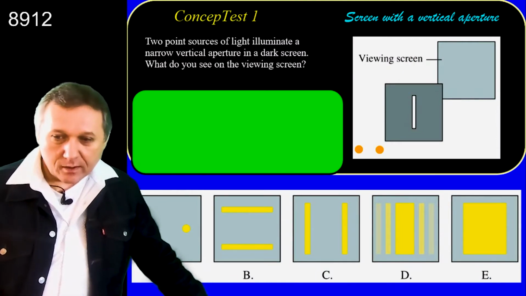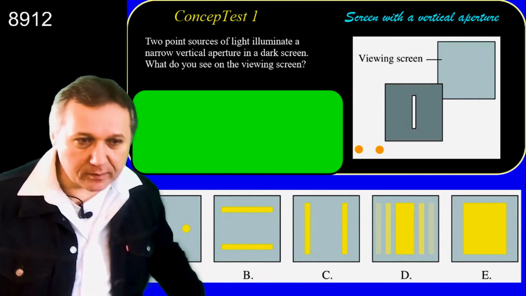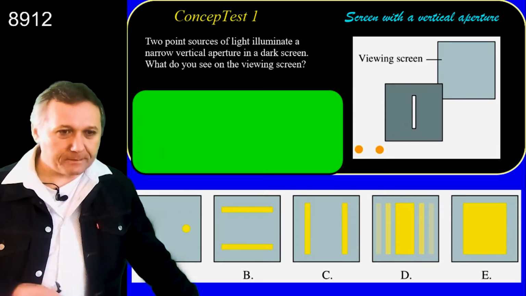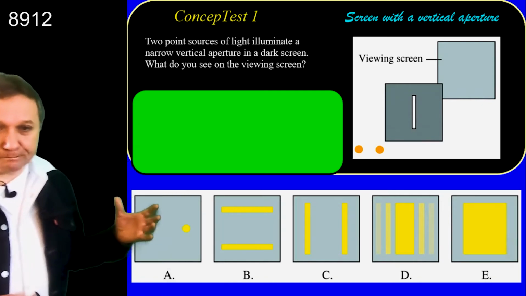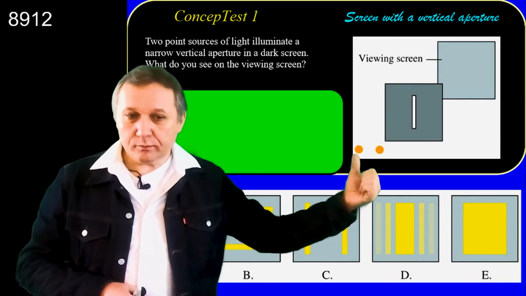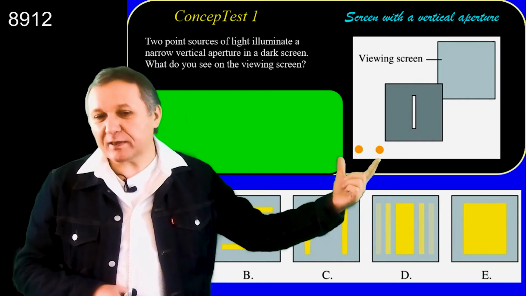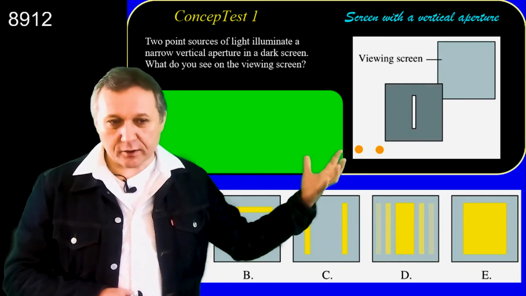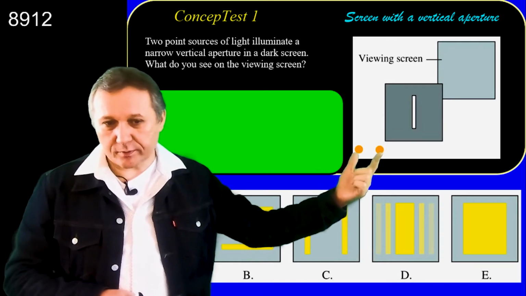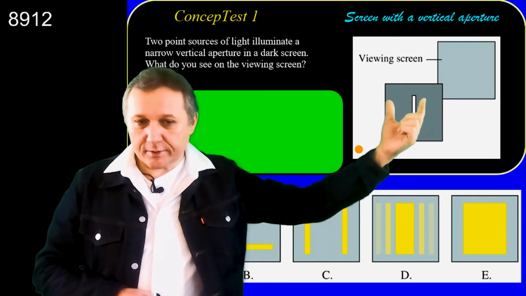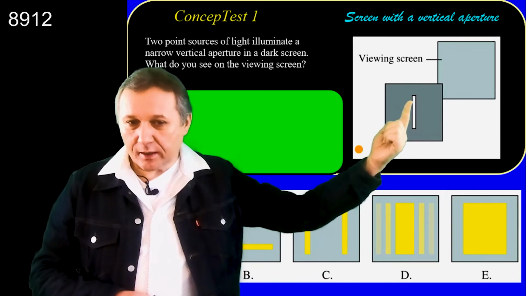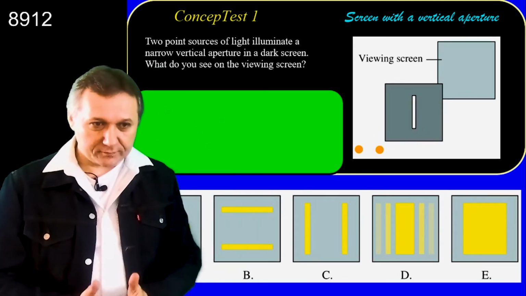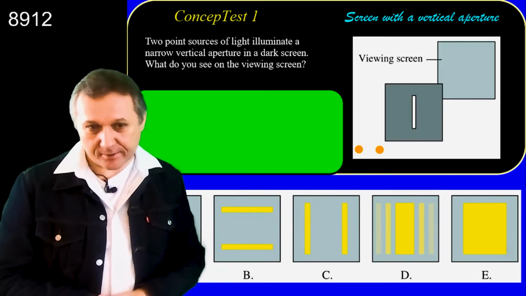Again, I created the poll in the chat, so you can use that. So what do we have here? Basically 2 bulbs, 2 active sources, which are basically points. Then there is an opaque screen, and there is a vertical hole in that screen.